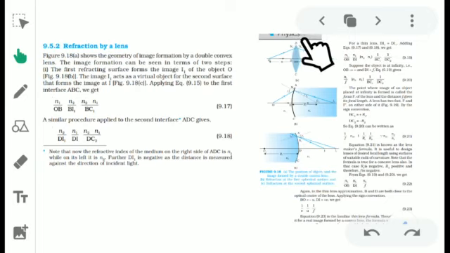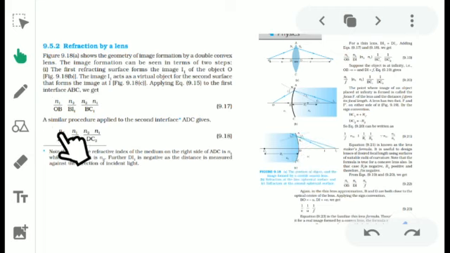Consider the surface ABC. We can apply the previous equation here, that is n1 by OB plus n2 by BI1 is equal to n2 minus n1 by BC1. The same we apply for the second surface also.